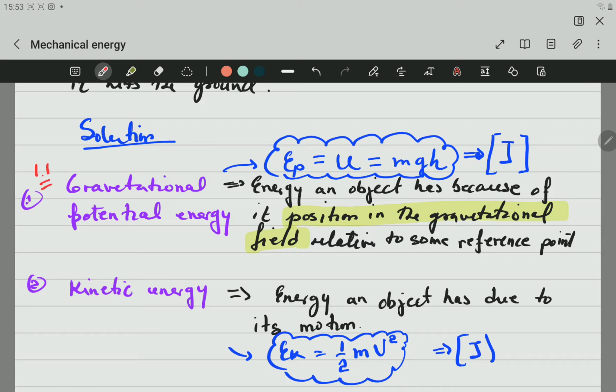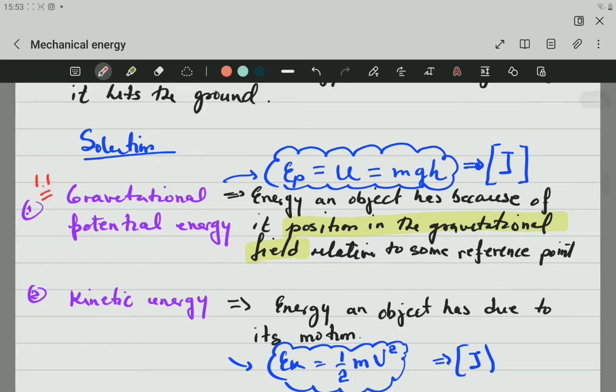So this is 1.1. The type of energy that the object has is gravitational potential energy, and it's because it has a certain height position relative to some reference point. In this case it will be the ground, and it is in the gravitational field. So that is the energy that the object has at the top of the cliff.